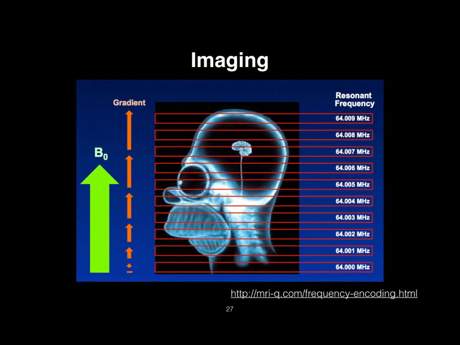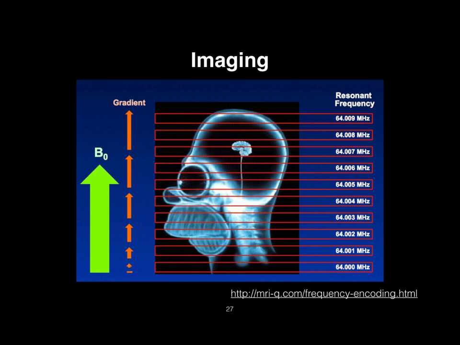So this is basically one dimension of using your gradients to do encoding. Okay. What we do is apply a gradient, and if we want to get Homer's brain, the transmit frequency that we would use to resonate with the protons in this bit of tissue here would be this frequency, 64.007 megahertz. Okay.